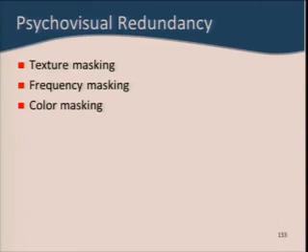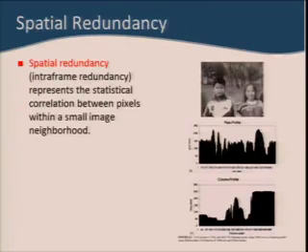So this particular point, frequency masking, means that our eyes are more sensitive to changes in low frequency components than high frequency components. What it means is that if you compress an image and try to reconstruct a low frequency region, any distortion, for example a spot, you can spot very readily.